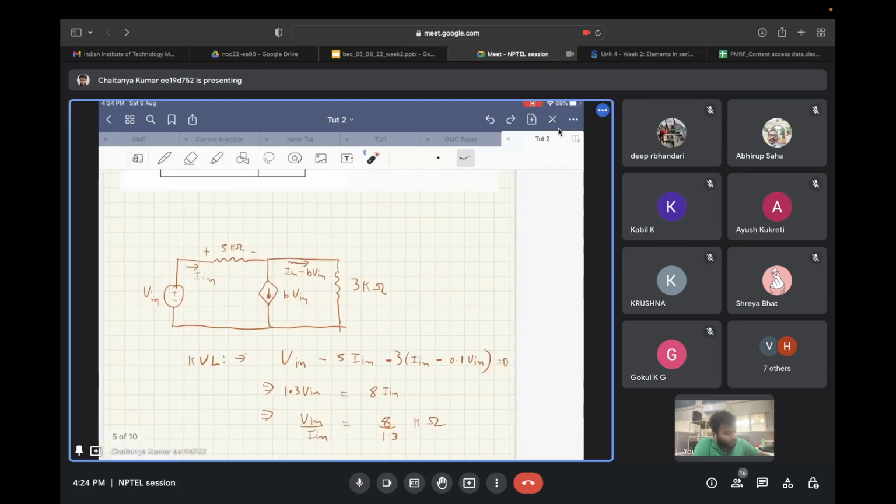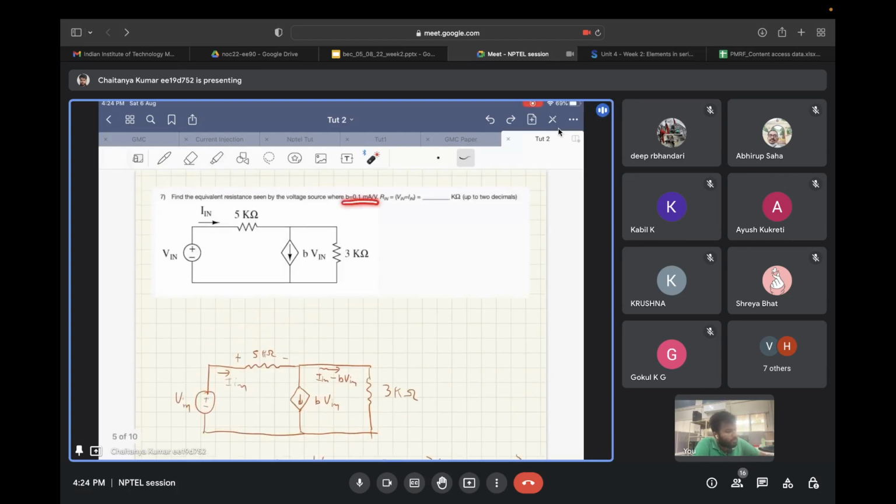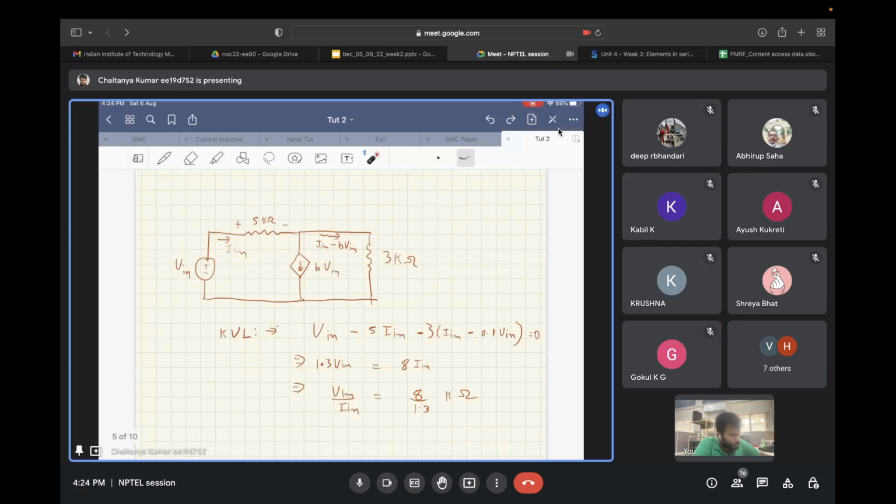Now, if you apply KVL in this particular loop, you will get V in minus 5 I in minus 3 times (I in minus B V in). In the question, we have been given B as 0.1 milliamp per volt. If you solve this, you get your answer as 8.8 by 1.3 kilo ohms. So it's somewhere around 6.18 kilo ohms.